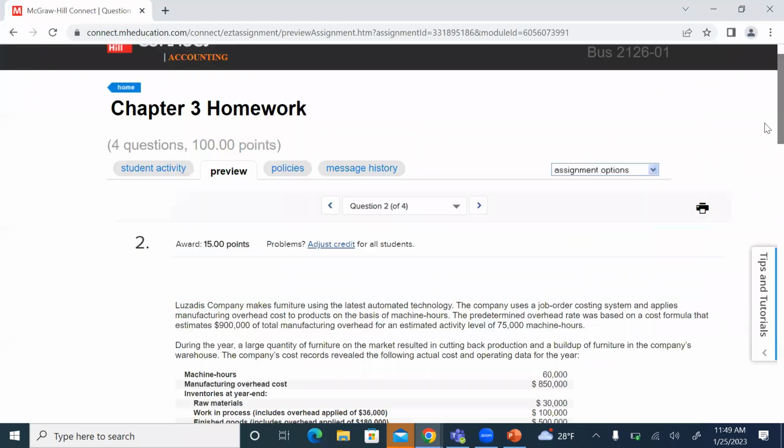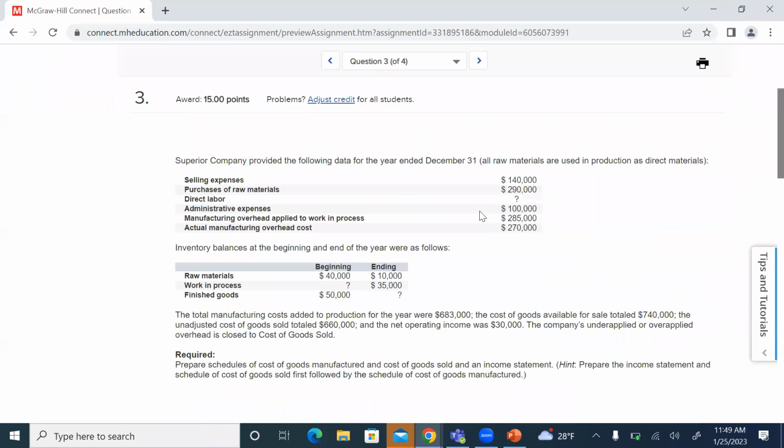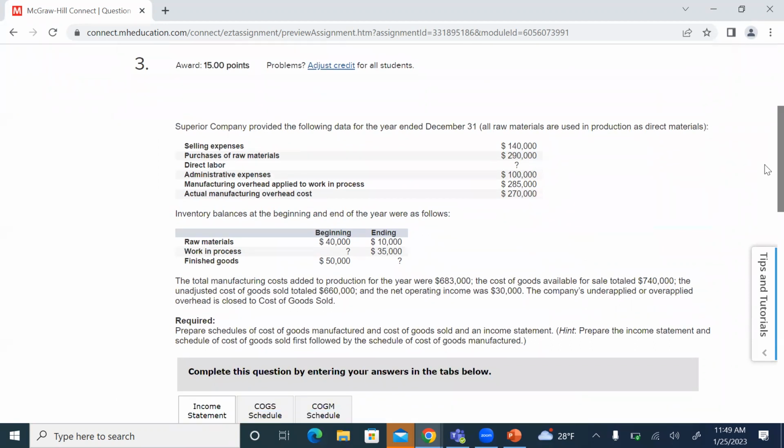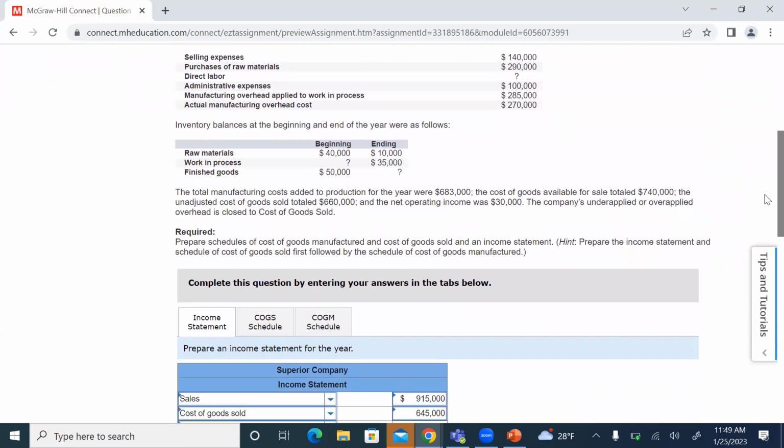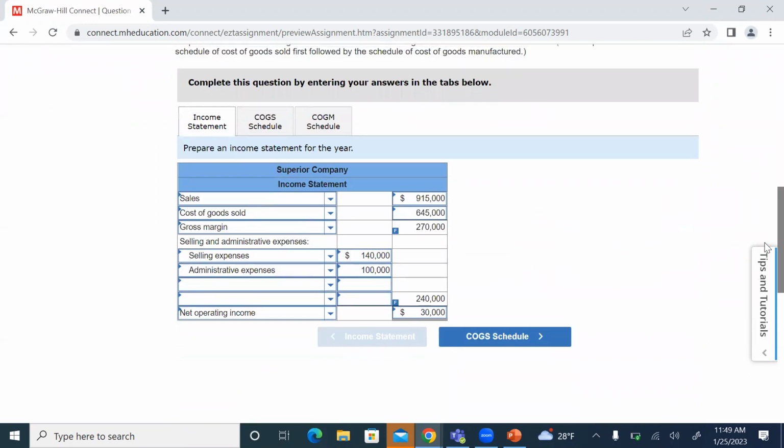I'll let you do number 4 on your own. Next problem. Again, here we're going to prepare the cost of goods manufactured. Feel free to take a picture of this. You're better off doing the work, but it's nice to have a check to make sure you're on the right track, okay?